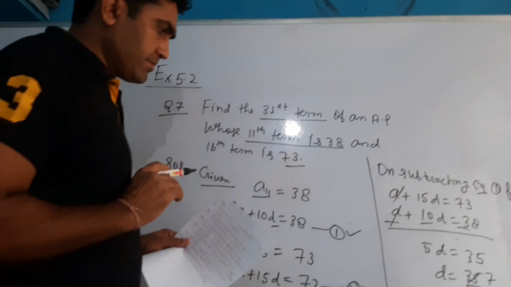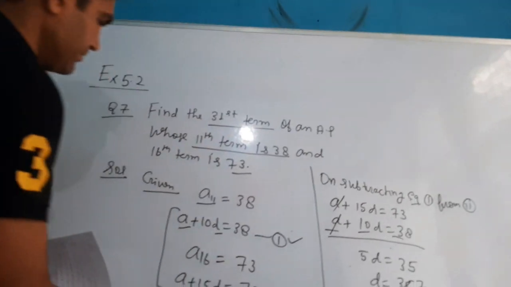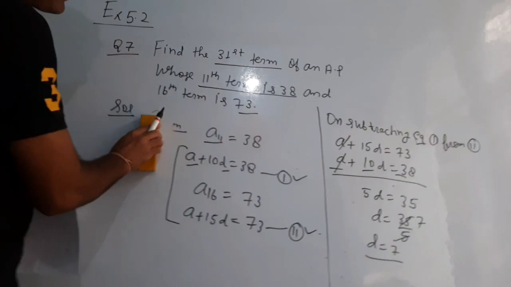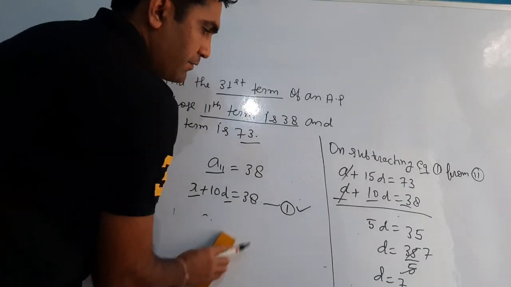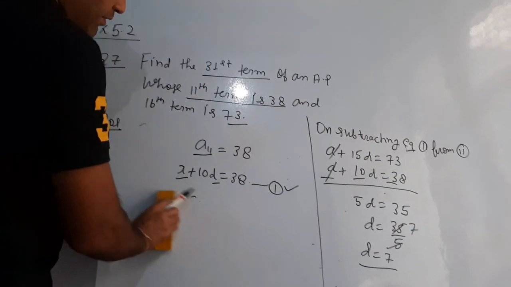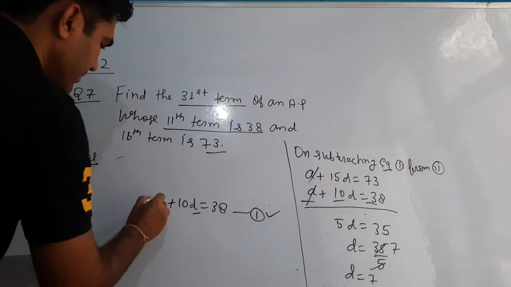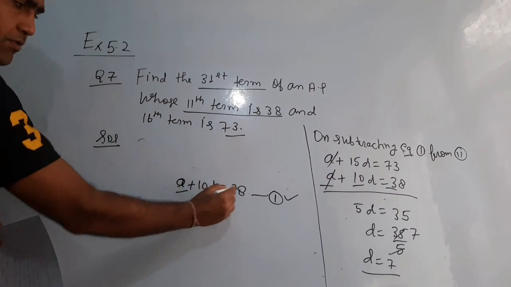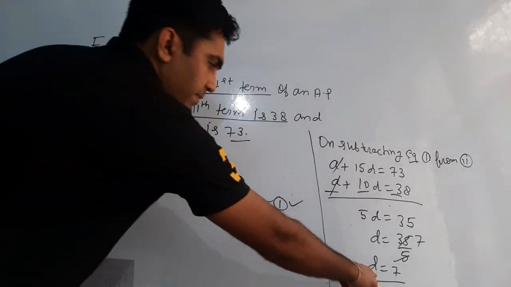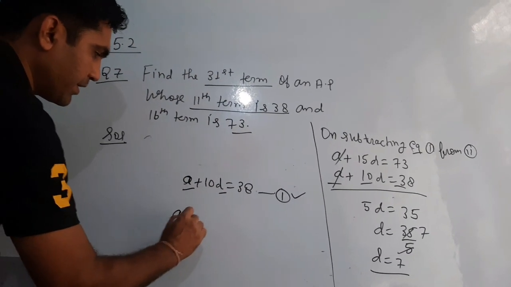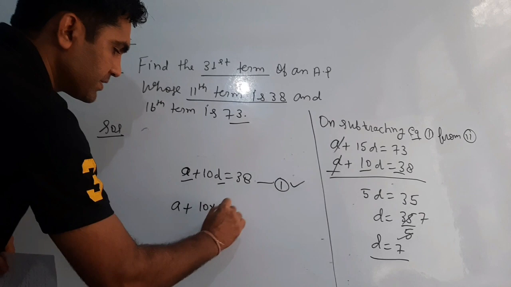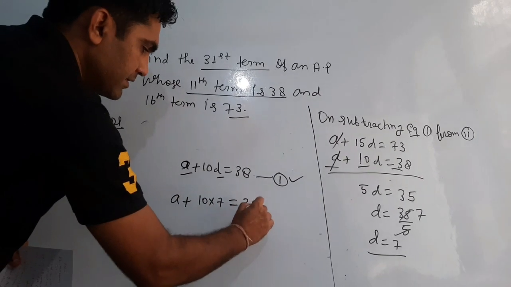Now we will put the value of D in equation first. This is our first equation, A plus 10D equal to 38. So you will put the value of D in this equation. So A plus 10 into 7 equal to 38.